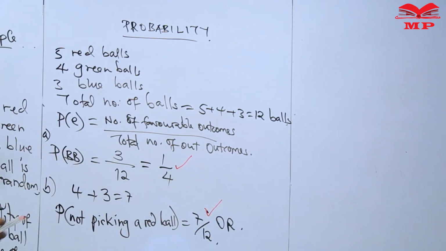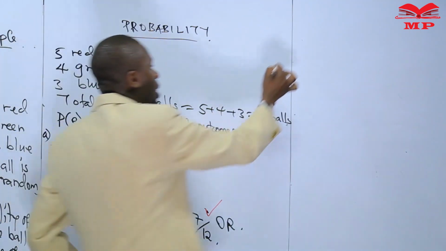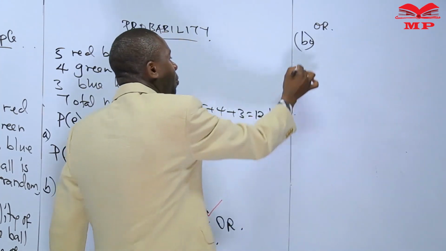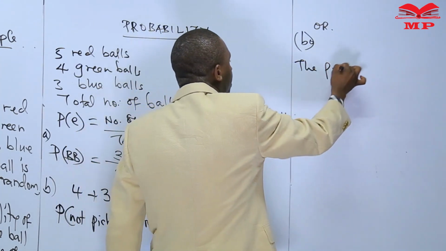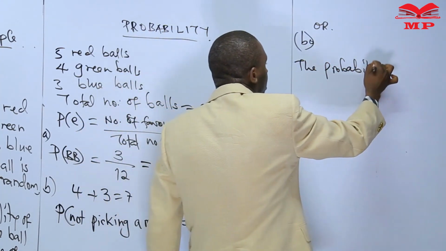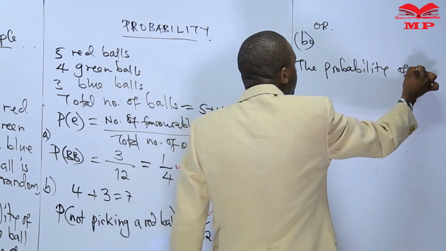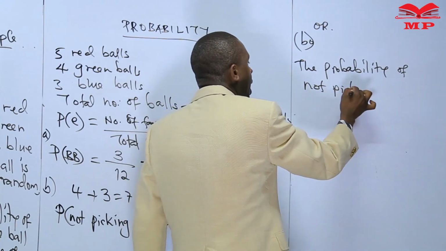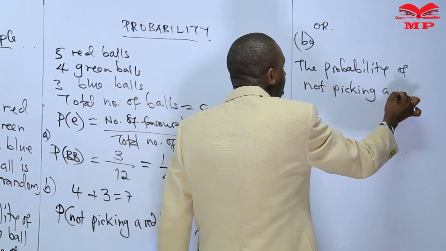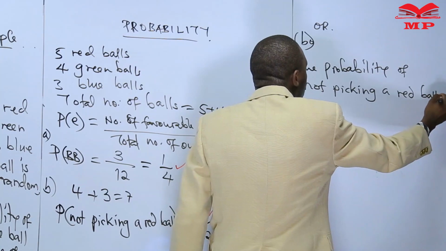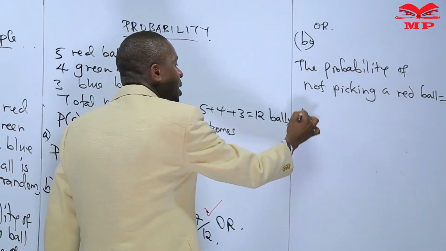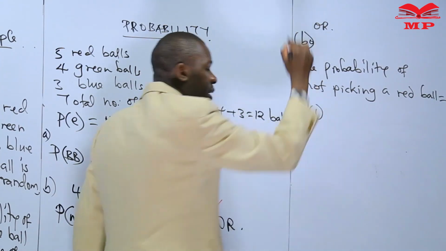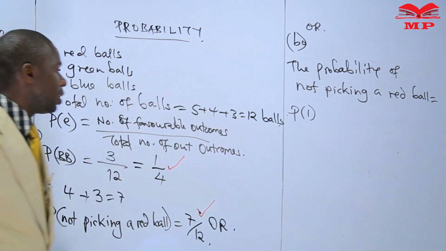But we can go ahead and redo part B by saying, or the probability of not picking a red ball can simply be given by the probability of 1, which means picking everything.